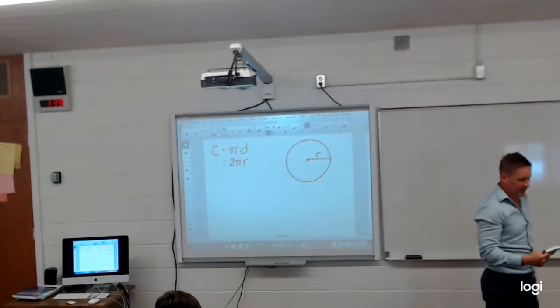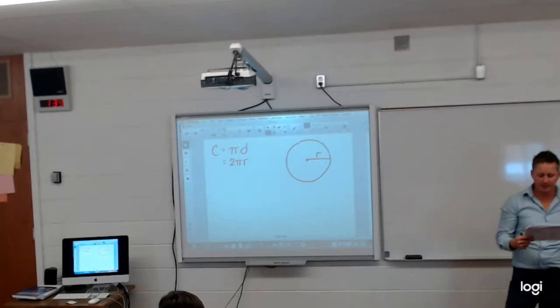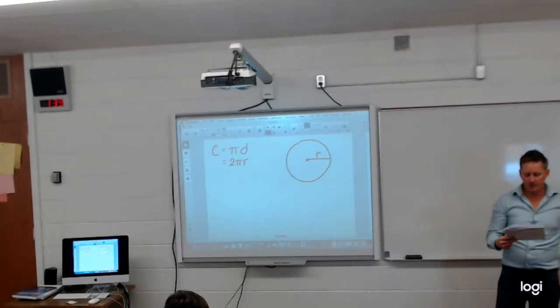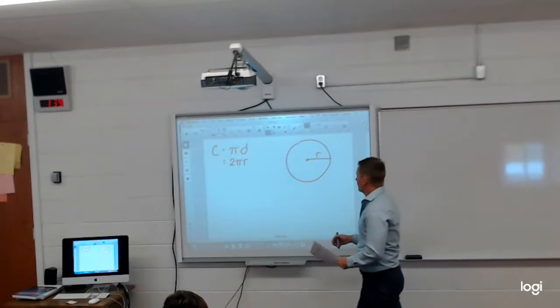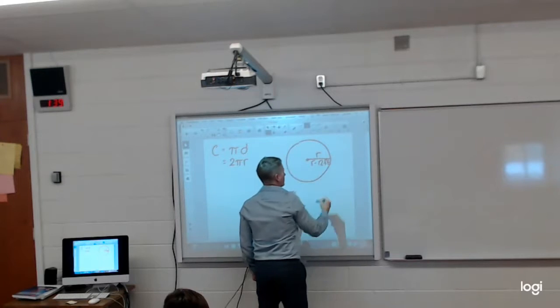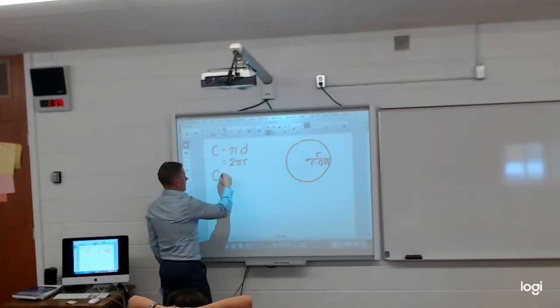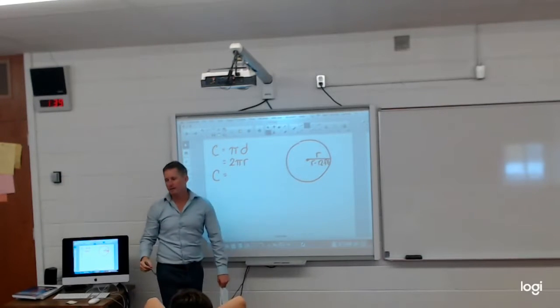Simon works for the city water department. He is ordering the liner for a new overflow tunnel at the pumping station. If the radius of the tunnel is 12 feet, what should be the circumference of the tunnel liner? So the radius is 12 feet. So he wants to know what the circumference of this is. Now, they asked you to find the diameter. I don't need the diameter, do I?